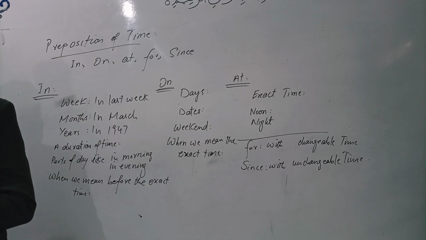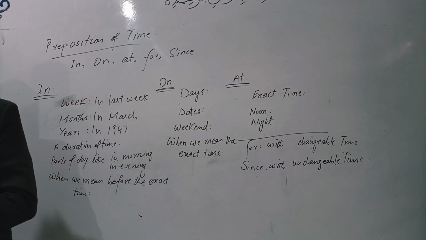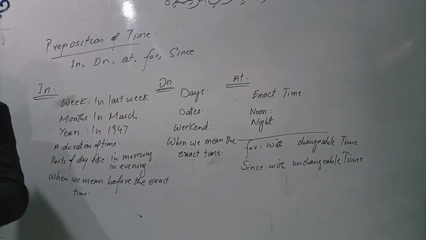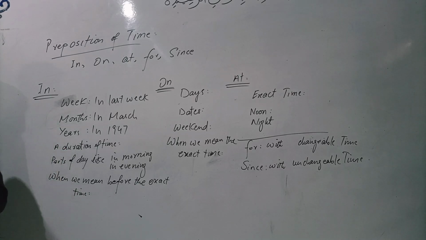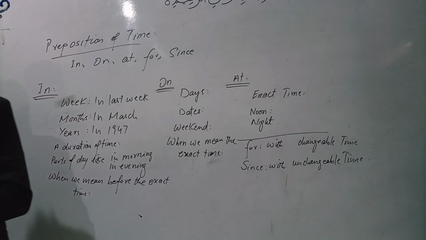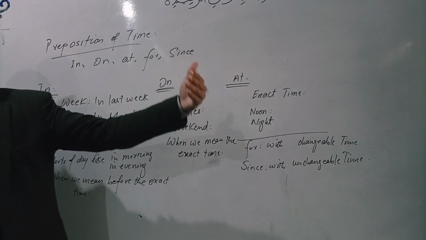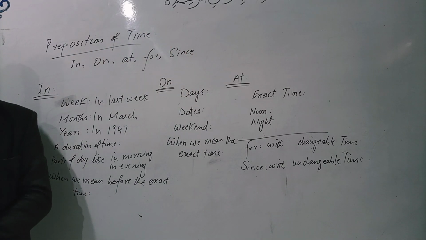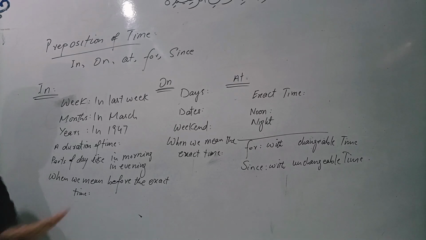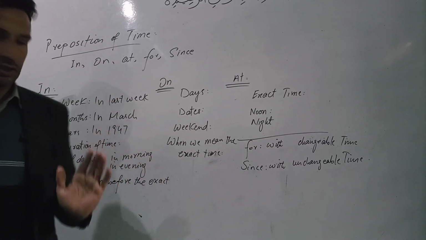I'll complete the topic in 10 minutes, in 1 hour, in 1 day, in 1 year, in 1 month, etc. Whenever we have a duration, whether short or long, minutes, hours, days, weeks, months or years, we normally use in. For example, in 2 days, in 2 months, in 2 years.